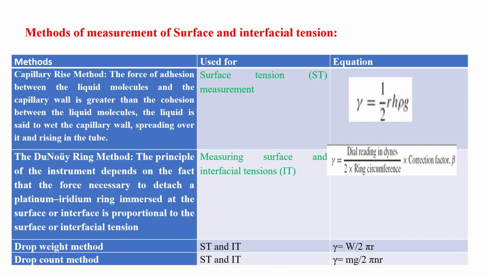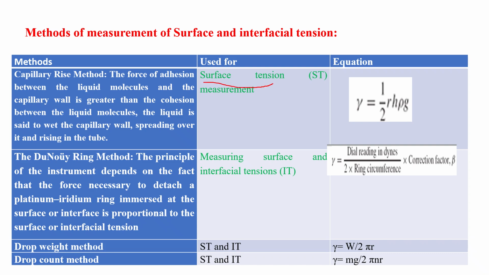When the liquid rises, if the adhesive force between the liquid and the capillary wall is more, it will wet the capillary wall and rise in the tube. That's the capillary rise method, and it is used for the determination of surface tension only.